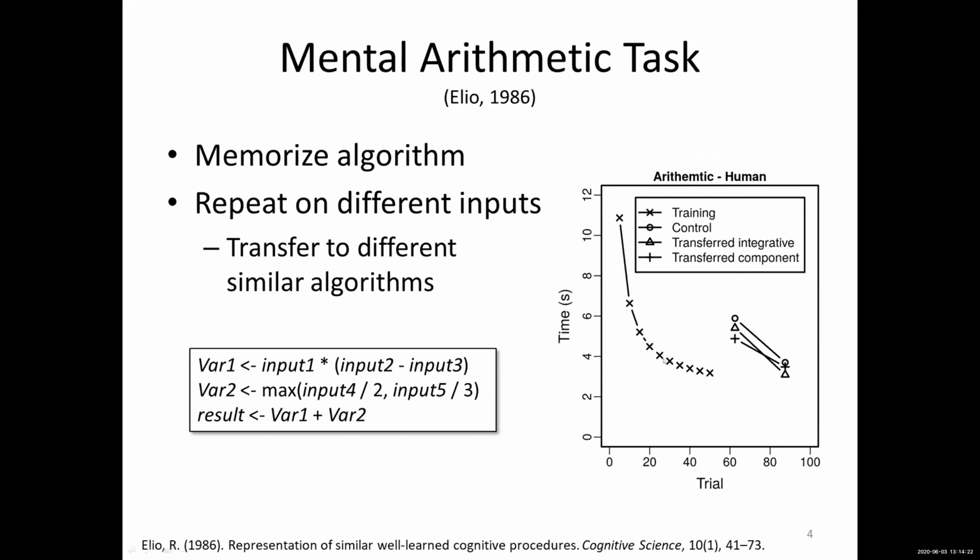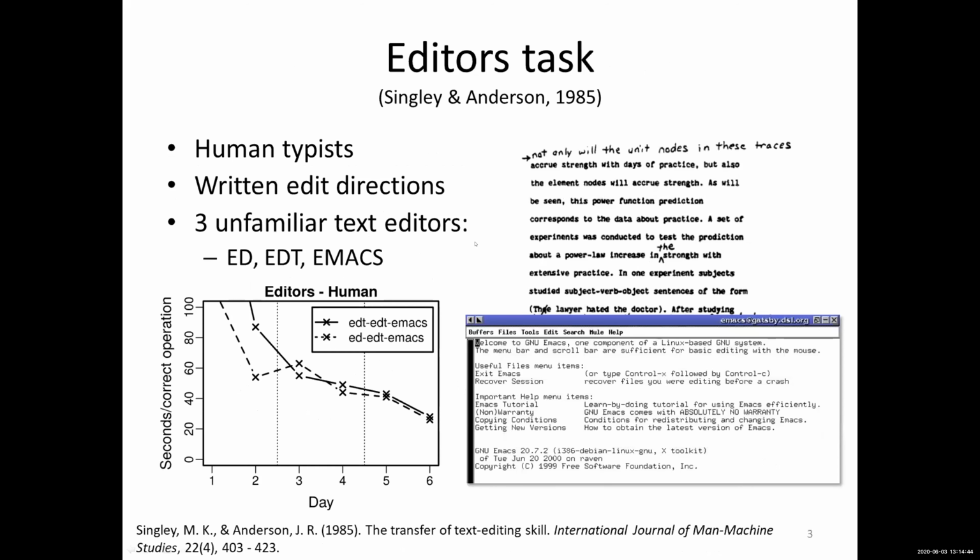They get faster with practice. On the right are different transfer cases that humans were sent to do using different algorithms. The data points are averaged as reported in the Ilios 1986 paper. But the main thing to look at is this simpler learning curve, where the time scale is only around 10 seconds per operation compared to the 100 seconds of the editor's task.